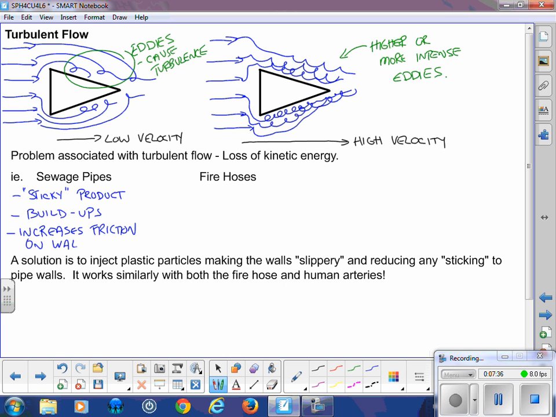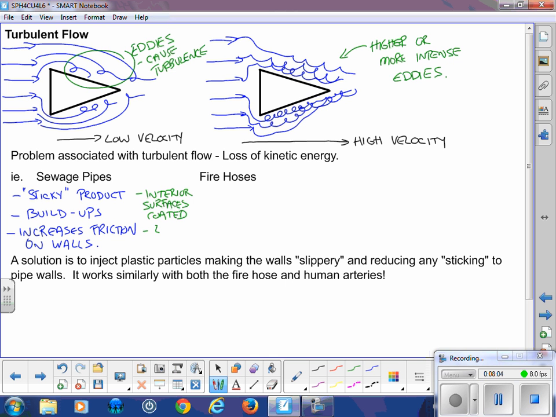So a lot of those sewage pipes that are going in the ground, the interior surfaces are coated. Both the plastic and the concrete pipes get coated with kind of a plastic polymer, or treated in the factory. And also what they can do is dump liquid plastic into the system.